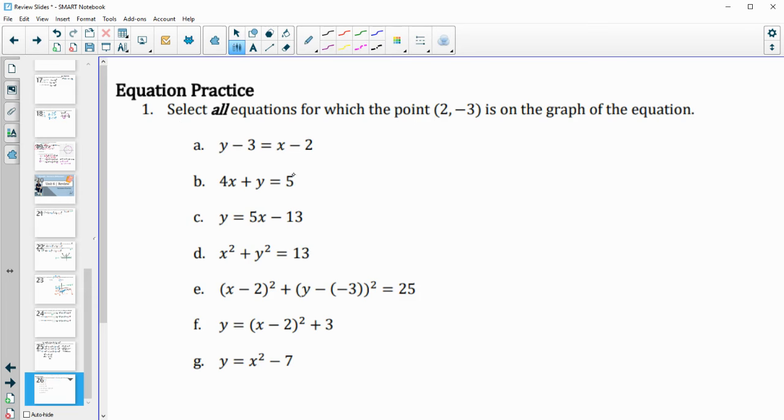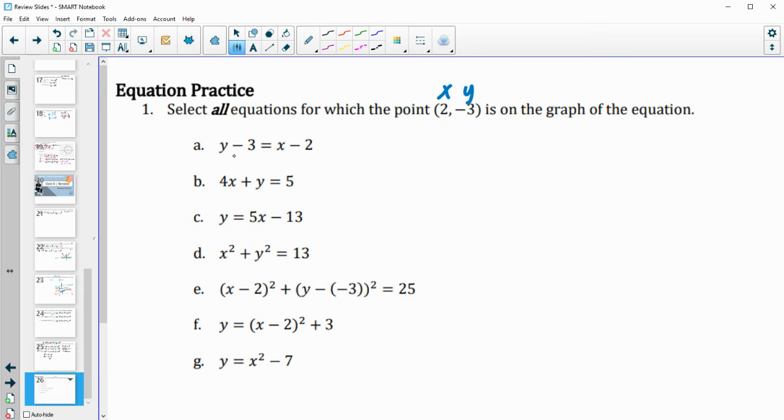All right, in this last one, we're going to be working with all the types of equations and just trying to see what we know. So this one is select all equations for which this point is on the graph. Now there's going to be different ways you can do this. One of them is to just plug this in for x and this in for y into all of them. If both sides of the equations are equal, then the point is on the equation.